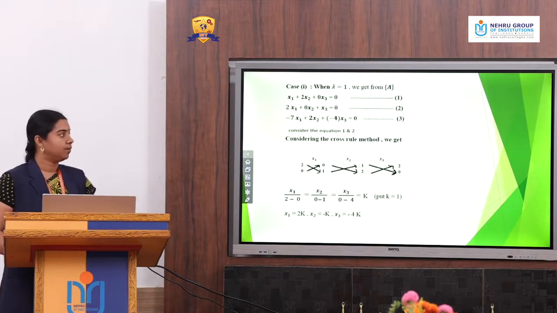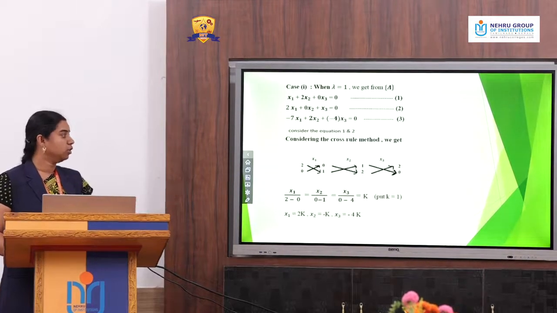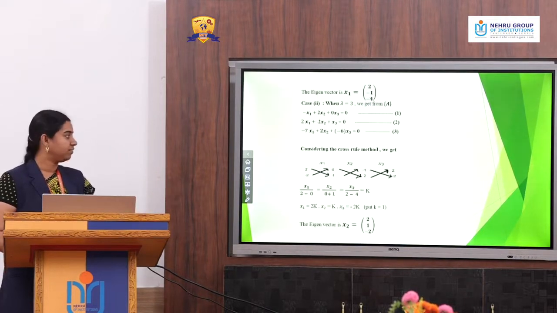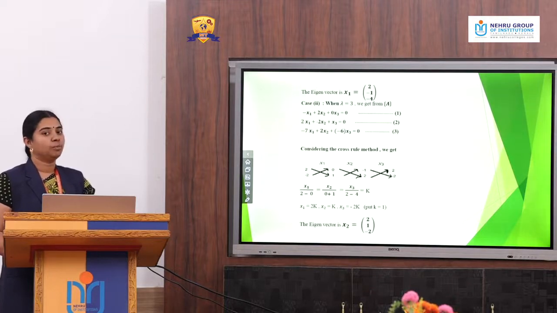In that way, applying the cross rule method, we get x1 equal to 2k, x2 equal to minus k and x3 equal to minus 4k, and we take k as 1. So the first vector is x1 equal to 2, minus 1 and minus 4.